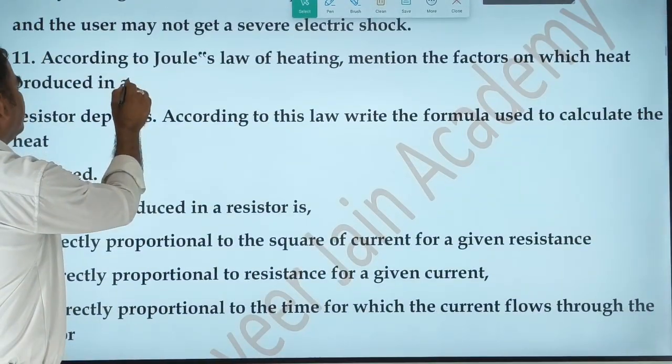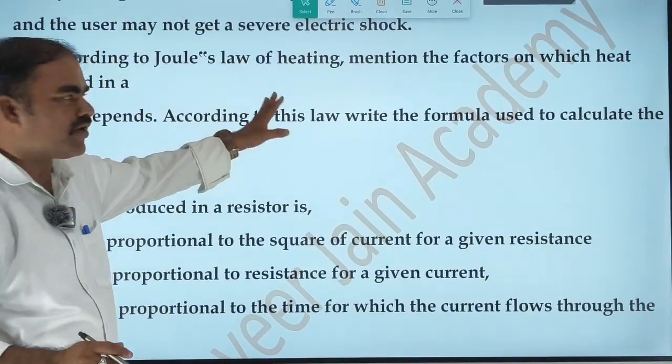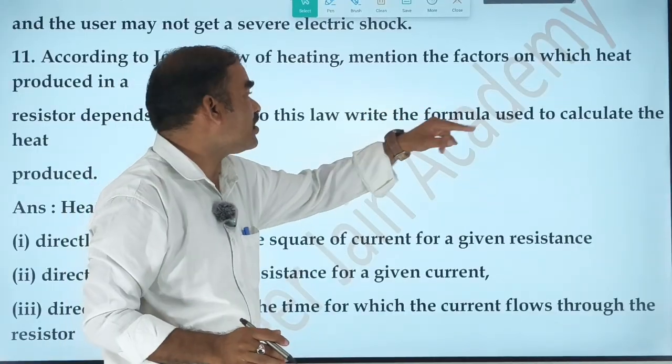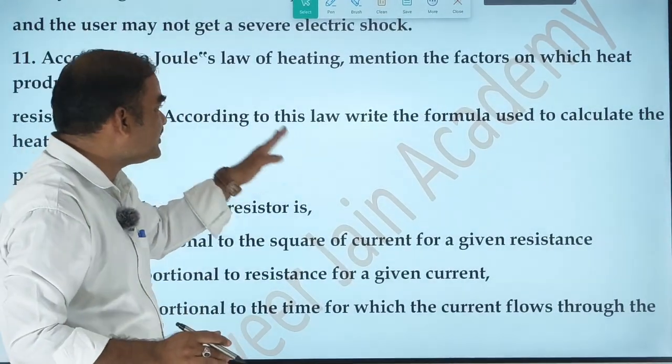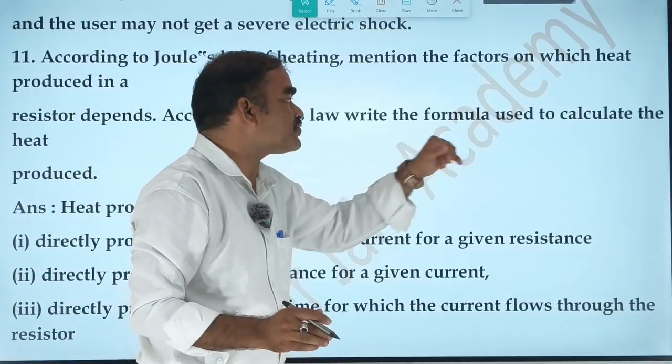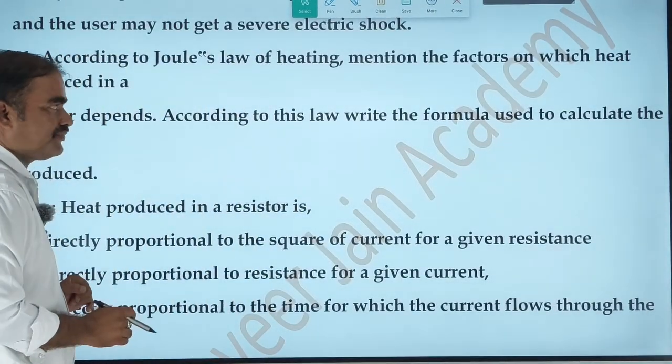Coming to the next question. According to Joule's law of heating, mention the factors on which heat produced in a resistor depends. According to this law, write the formula used to calculate heat.